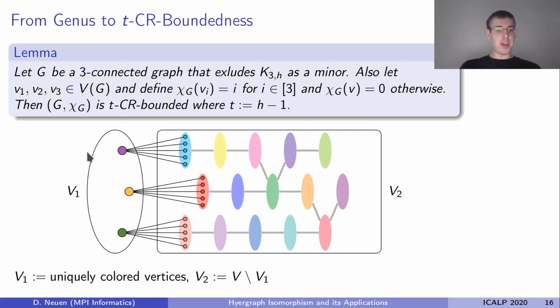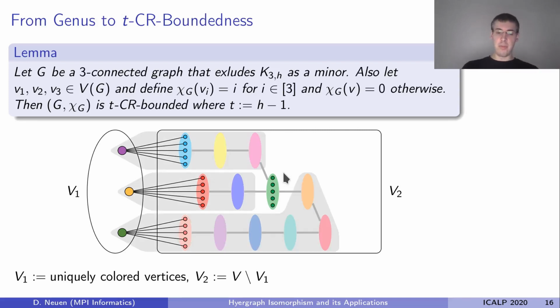Now we can add these 3 vertices as leaves to the spanning tree and find the unique common ancestor of these vertices, which here is the green class. And now we can simply contract the paths that lead to this ancestor here in the middle.